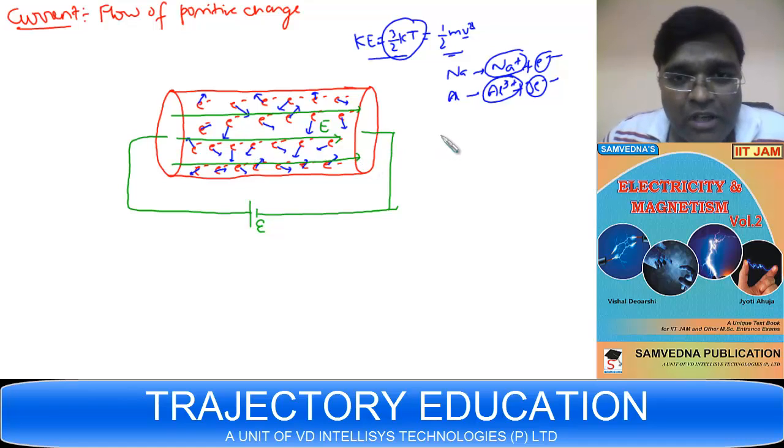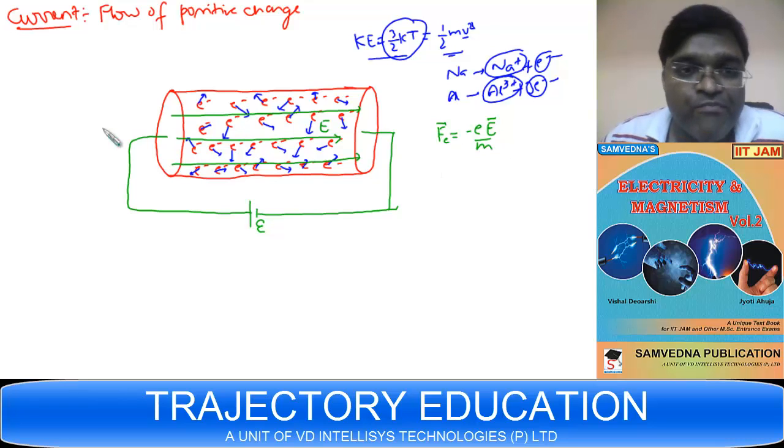This electric field will exert a force on each electron, which is given by minus eE. So the electrons are going to get a velocity in the direction opposite to the field. This velocity will be the same for every electron and will lie in the same direction.